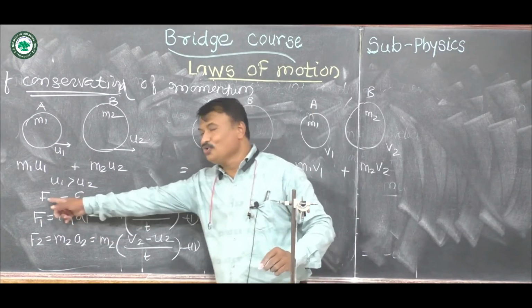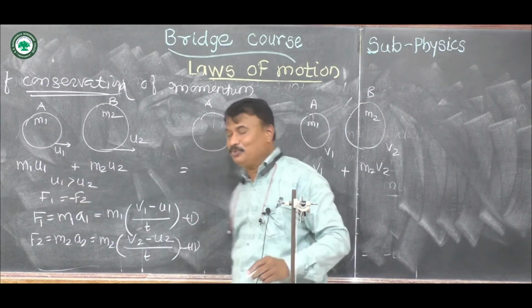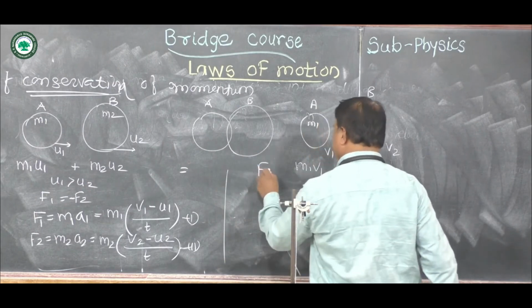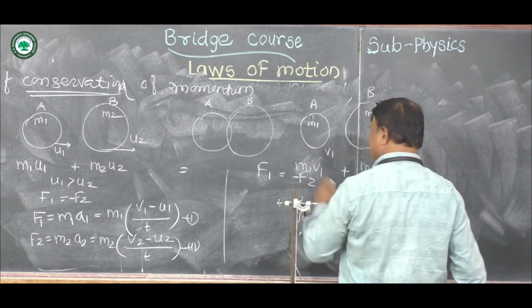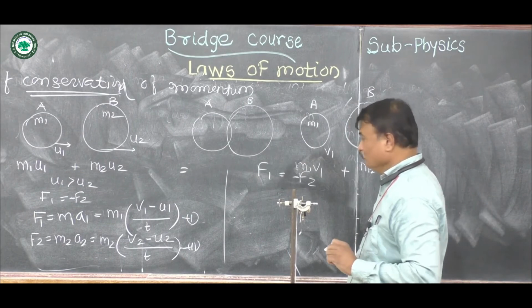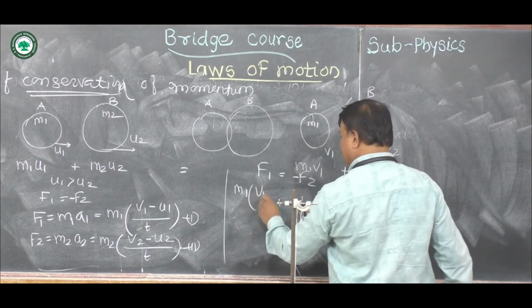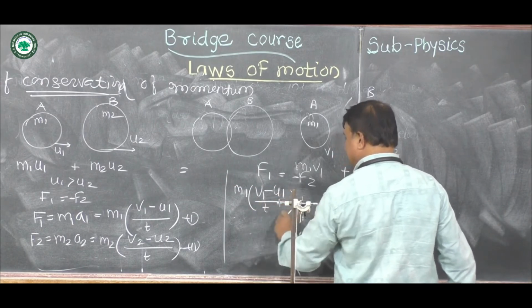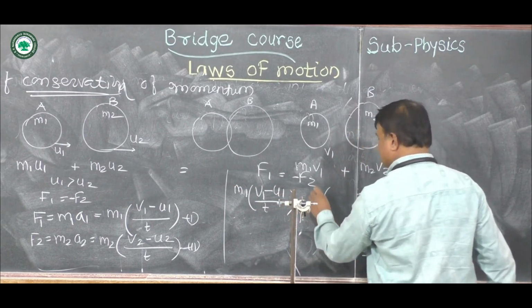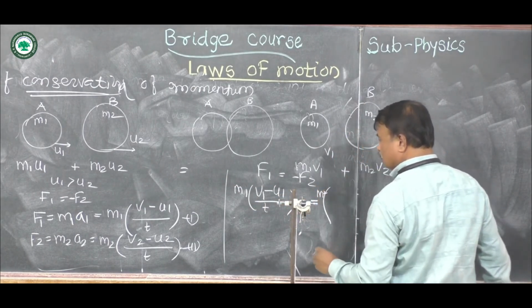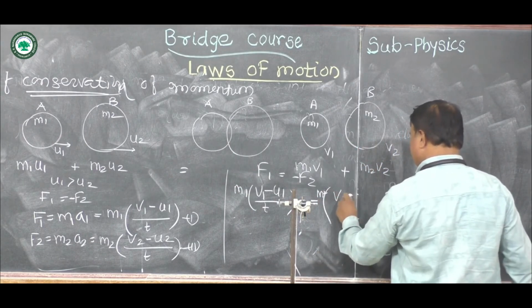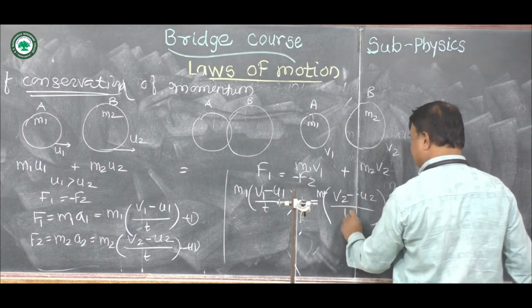As you know that these forces are equal but directions are opposite, therefore we write F1 is equal to negative of F2. Then we get m1 (v1 minus u1) upon t, that is equal to minus m2 (v2 minus u2) upon t.